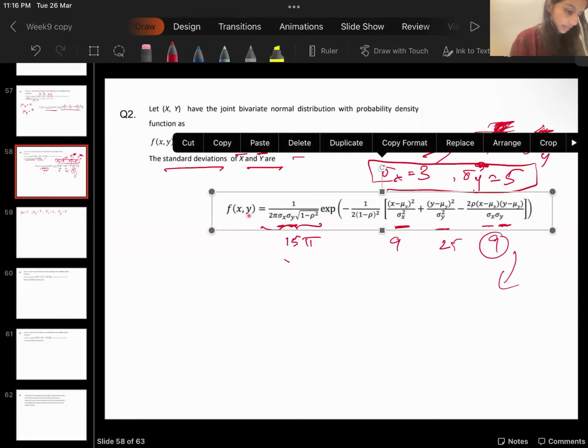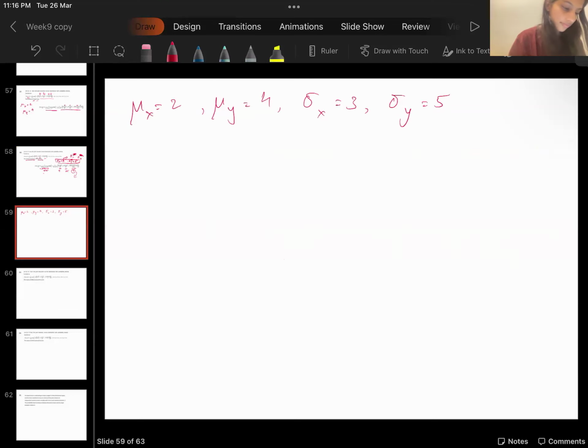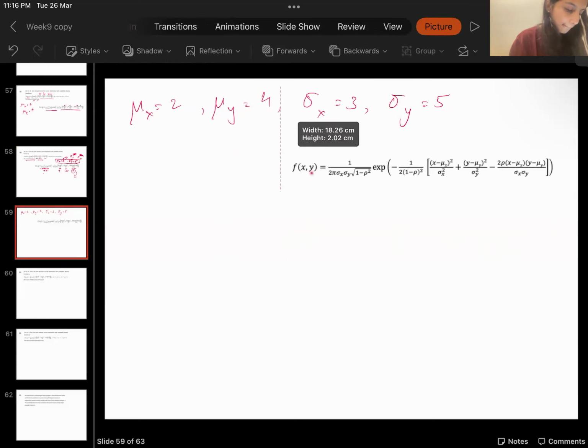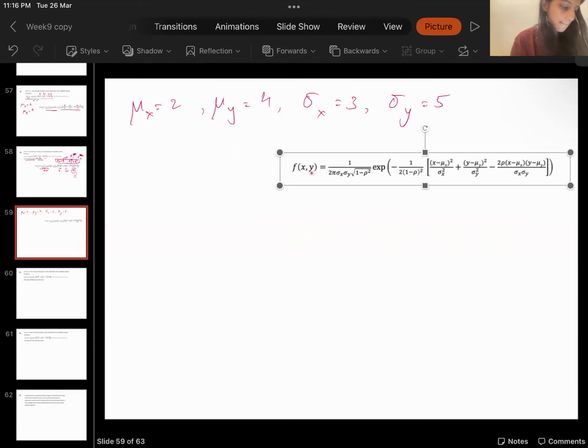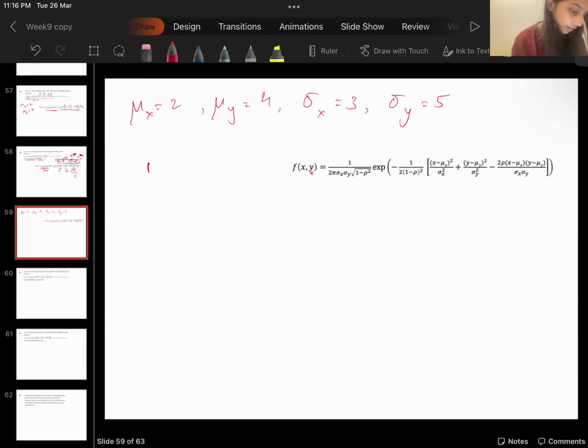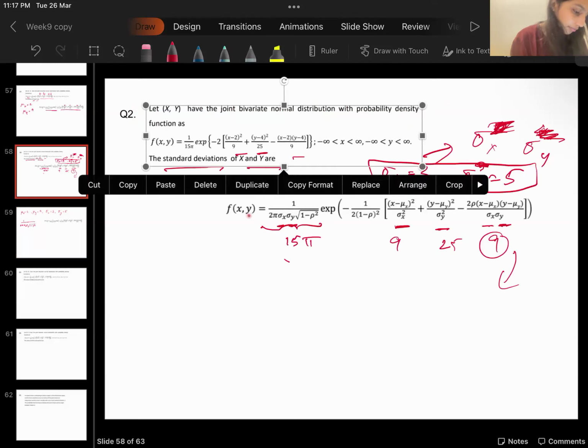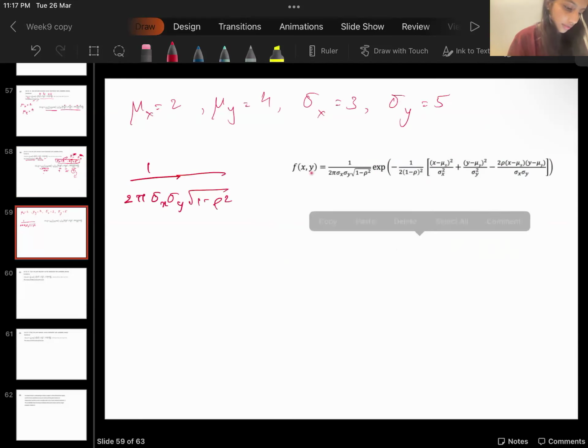Let me copy this again. Let's take the first part first. You have 1 by 2 pi sigma x sigma y square root of 1 minus rho square. So in your question, let's try to copy this also.